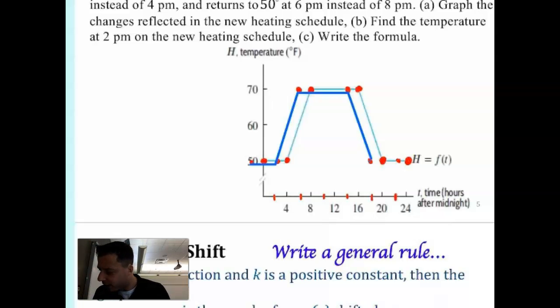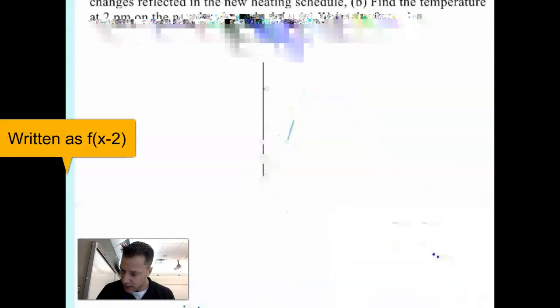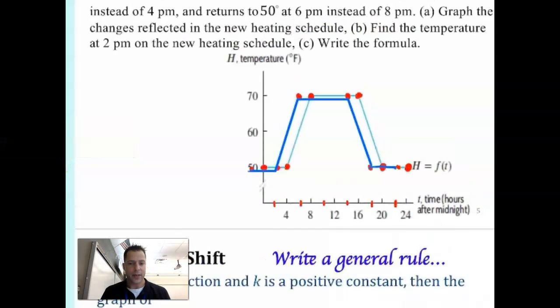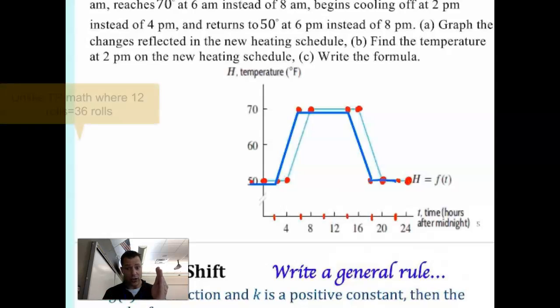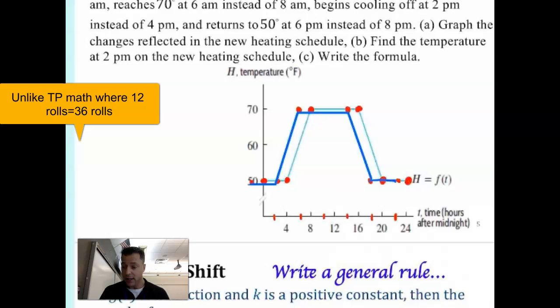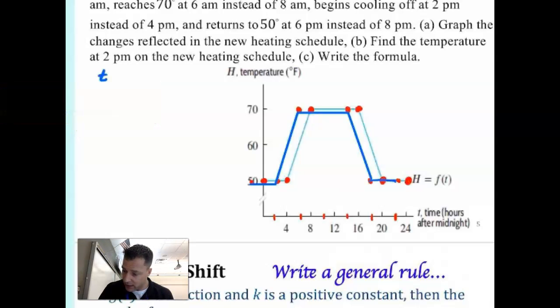So everything starts earlier, the whole path. Okay, so there's the graph, there's part A. Part B, they want to know the temperature at 2 p.m. If you're thinking Army time, 12 is 12, and if you go 2 hours past that, that's 14. You start at 0800, that's 8 a.m. So 2 p.m. is T equals 14.